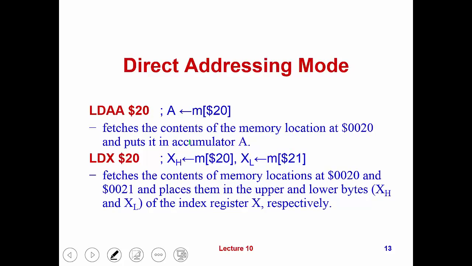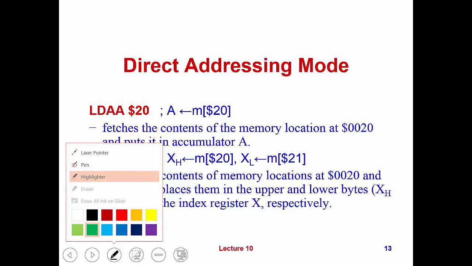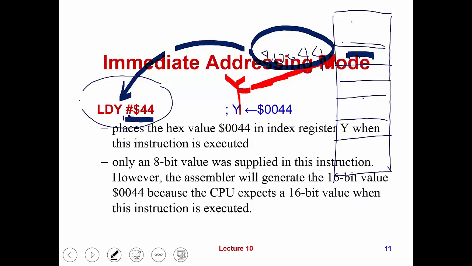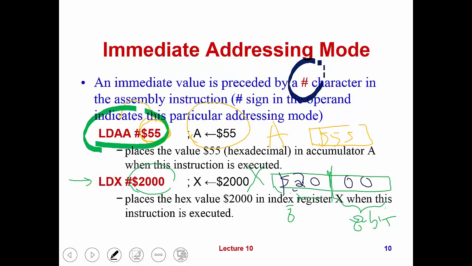So let me show you two examples for the direct address mode. The first one, LDAA 20. If you compare this one with the one I showed you here, it's quite different.